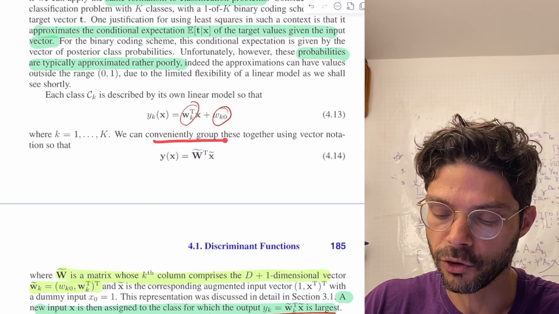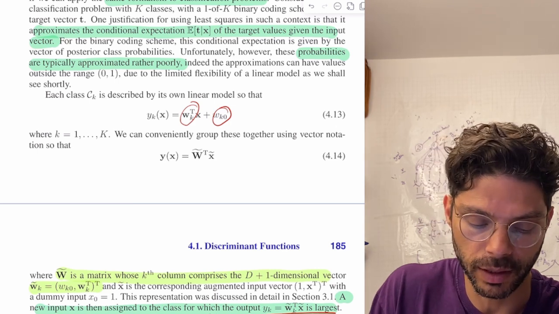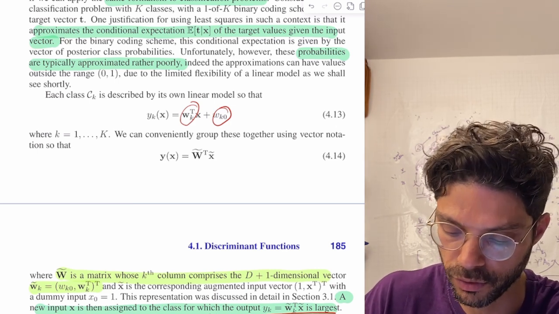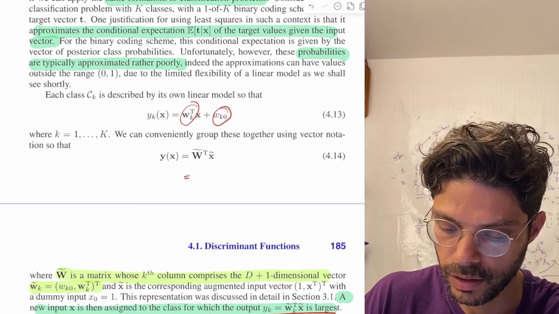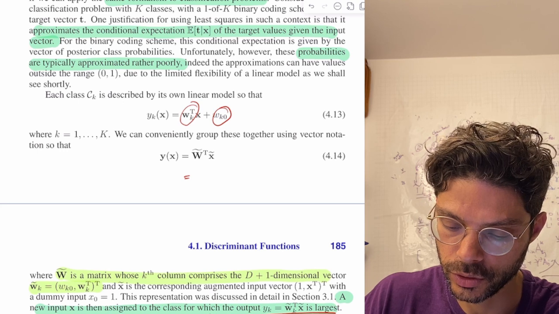We can conveniently group these together using vector notation so that y(x) is equal to W transpose x tilde.